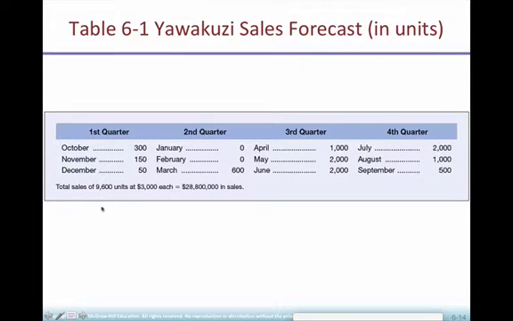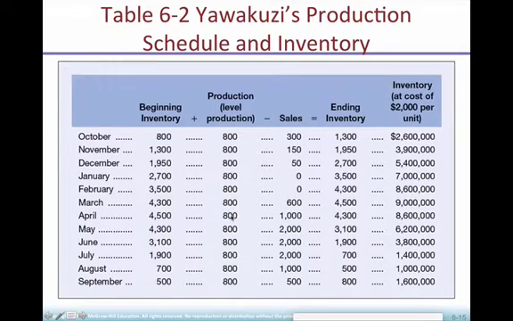And then you say you are going to sell your motorcycles for 3000 per unit. That's called the selling price. So if you multiply units sold for the whole year times the price, this is how much you want to make in sales for the next year. Okay, then we're going to look into the inventory buildup.